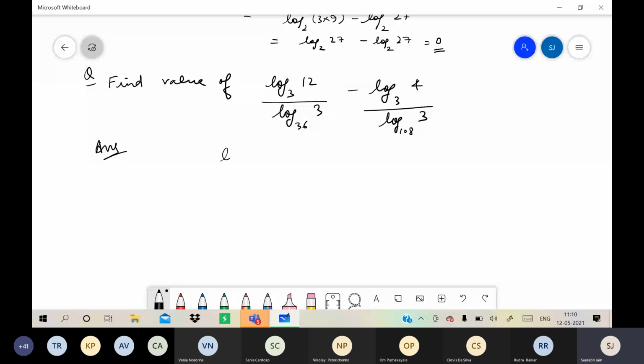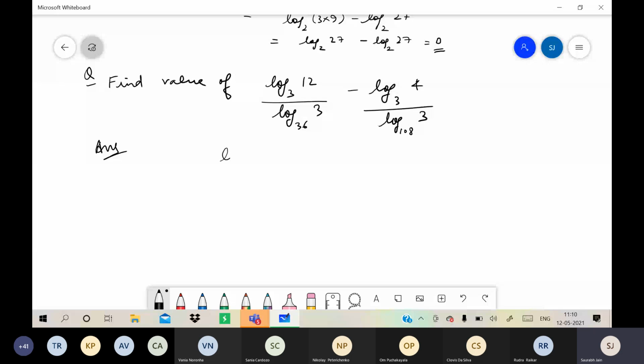Also, you cannot write it like this. There is no property like this also. You may be thinking that there is minus, so this will come in division, but you should understand that there are two logarithms. How can you use the property? Okay, this is also not correct.